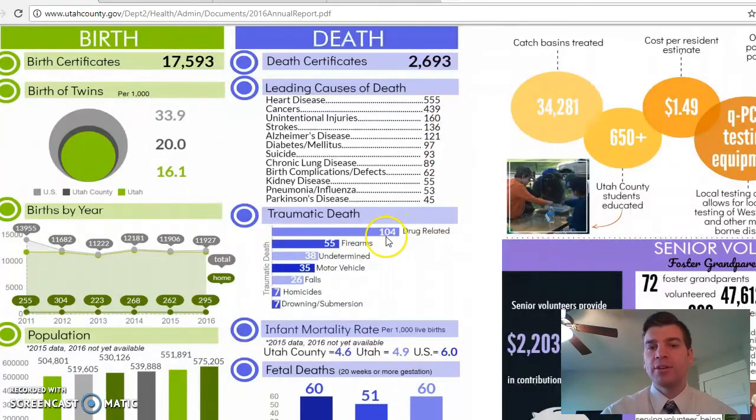Right underneath it we have the traumatic deaths. Okay, so there's two that are major: heart disease and cancer. Definitely the top causes. Then there's some others: unintentional injuries, strokes, Alzheimer's, diabetes. And then drug related is quite high over here as well.